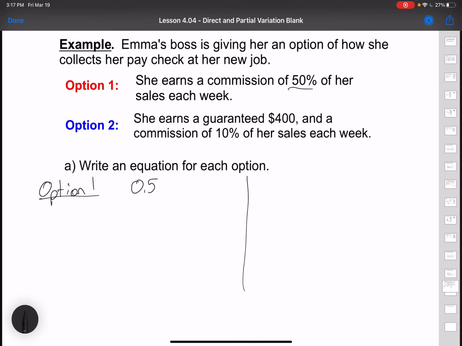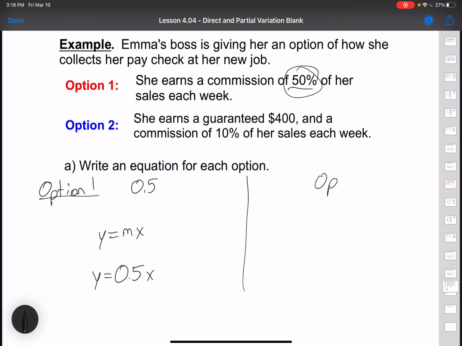So this is actually a direct variation. So it's going to be something like y equals mx. And that 50% is, let's say, the proportion of what she's making. So we could just write this as y equals 0.5x. So that's the first option.